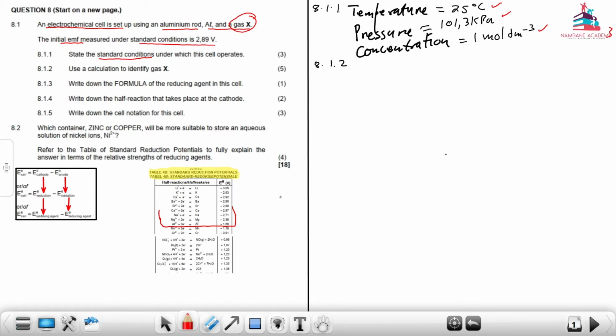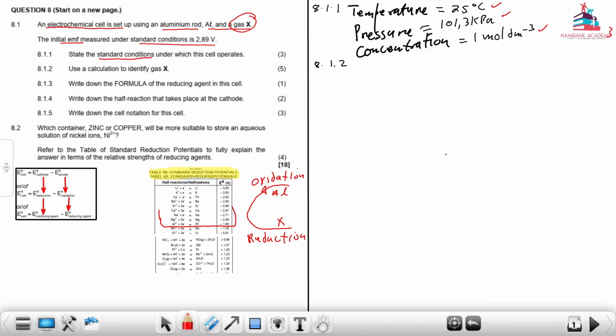In the principle of using the C method, where the above one is oxidation and the one below is reduction, aluminium is at the top and our X should be at the bottom, because in the table of standard reductions there is no gas at the top.